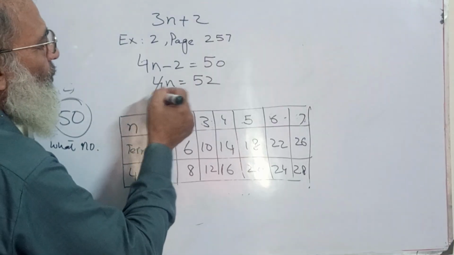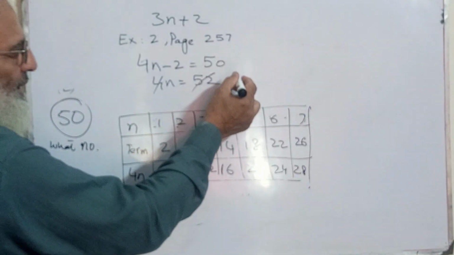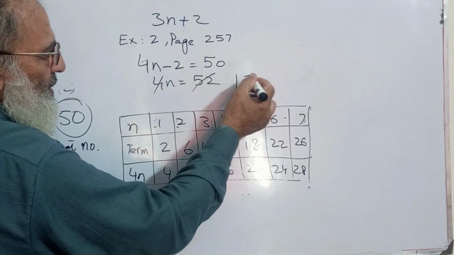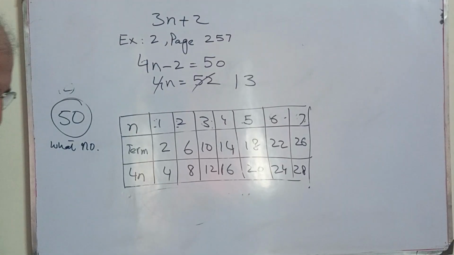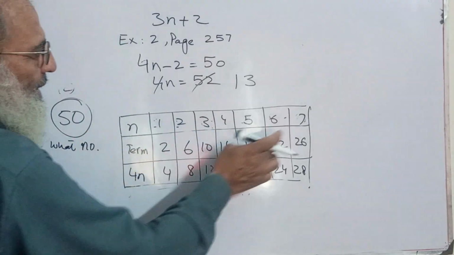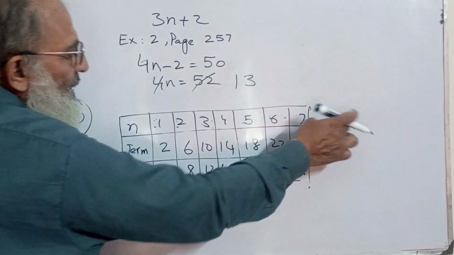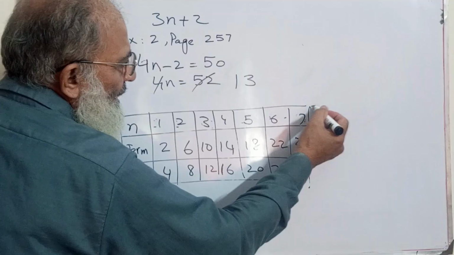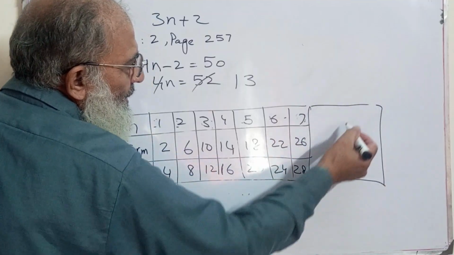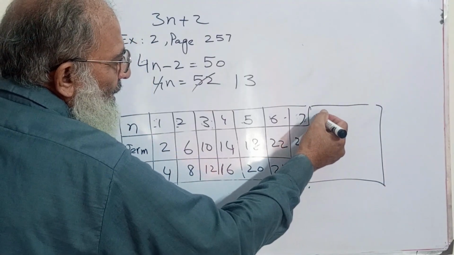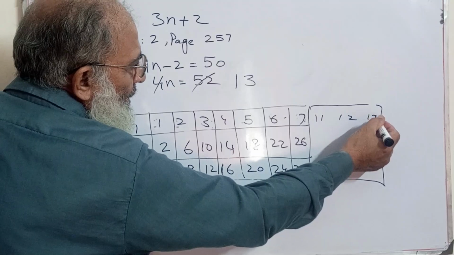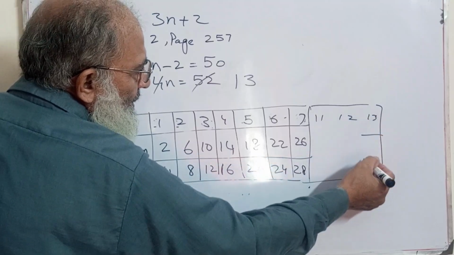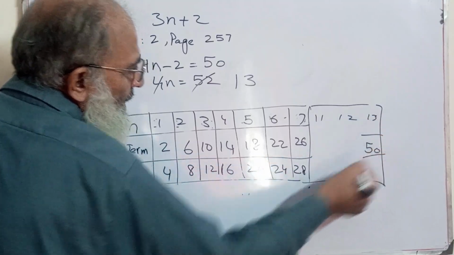So 4 times 13 is 52. It means that 50 will appear at the 13th place, for example, 11, 12, 13. At 13th place, 50 will appear.